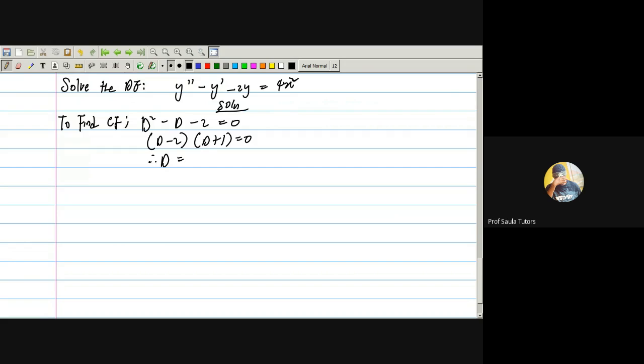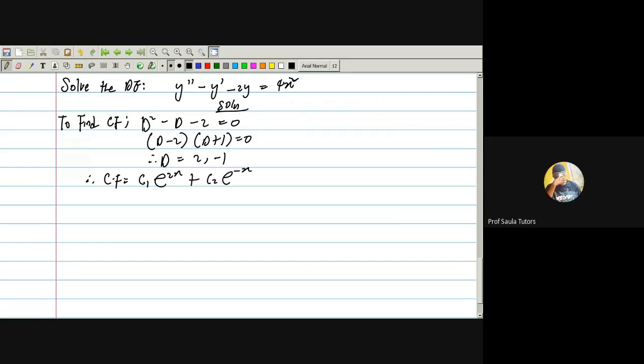Therefore, D equals 2 and D equals minus 1. Therefore, our complementary function is equal to c1 exponential 2x plus c2 exponential minus x.